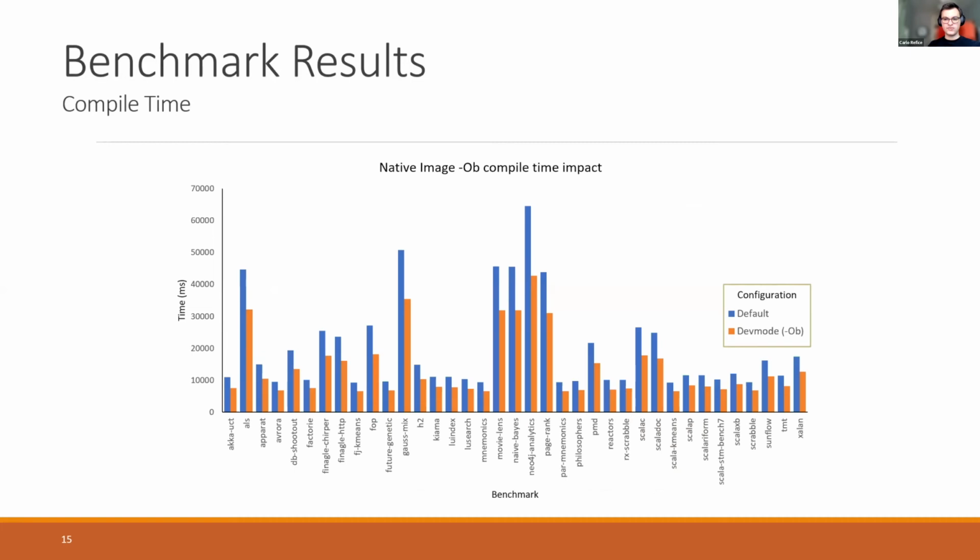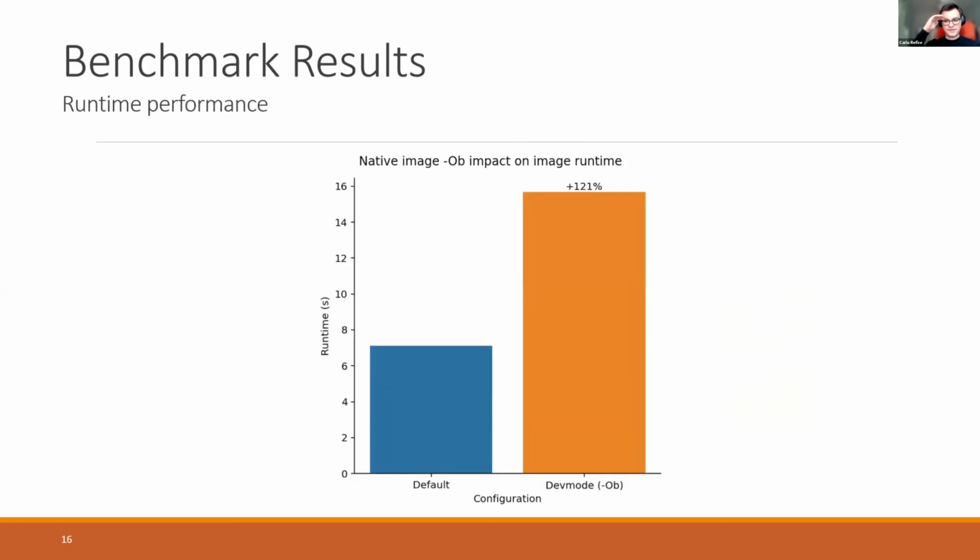And if we drill down into the results for each benchmark, we can see that the overall improvements in build time are very consistent. There are no obvious sore spots or bottlenecks in any of the benchmarks. Now, of course, as I mentioned many times now, the program runtime is affected by this mode.